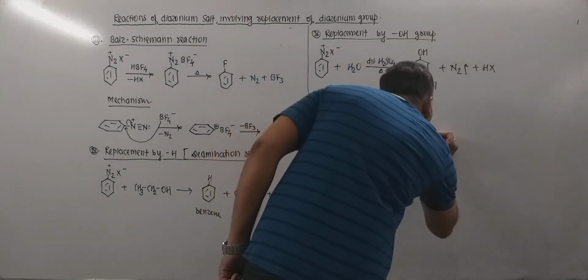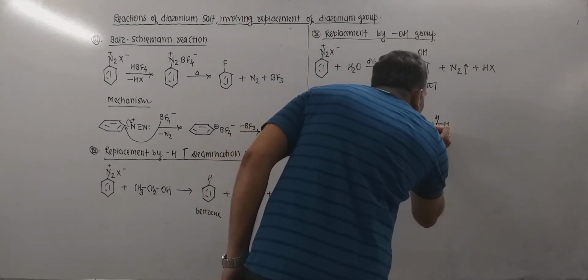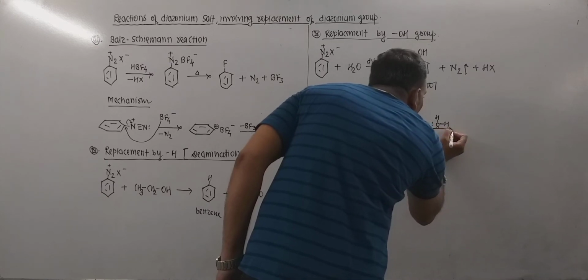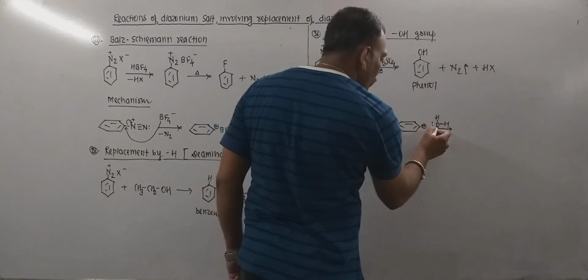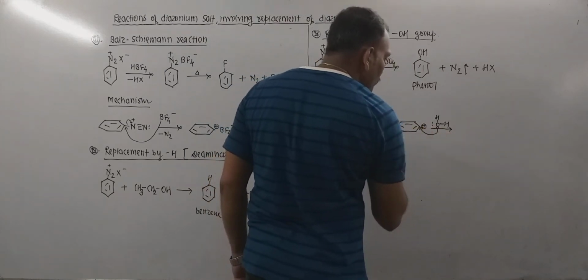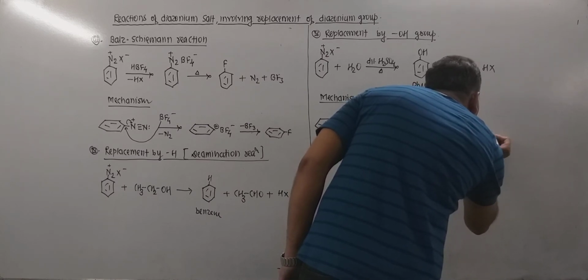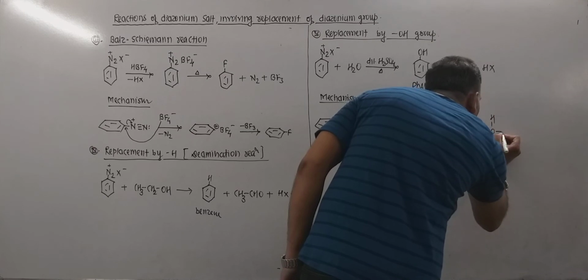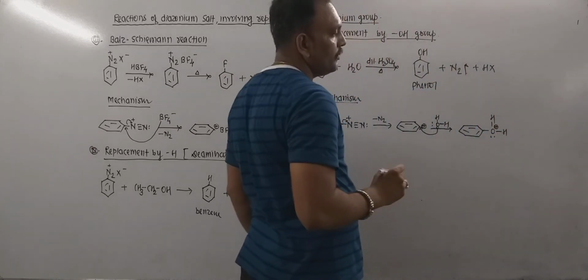Thus the nucleophilic attack is readily done by water. We know very well that water has oxygen and oxygen bears lone pairs of electrons. So using a lone pair of electrons, oxygen attacks this carbon, and that leads to the formation of a species in which this oxygen bears a positive charge.